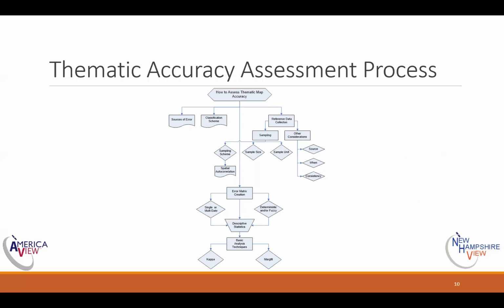All right. Let's just look at the process. We've talked about this a few different times already, but make sure we're on top of this so that we know what we're going to go through in the next 2 lessons. Okay. So when we assess the thematic map accuracy, we need to think about the sources of error.